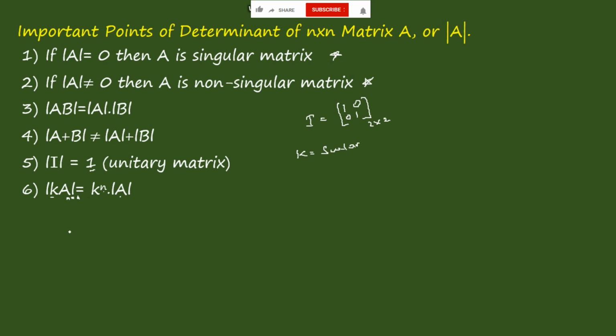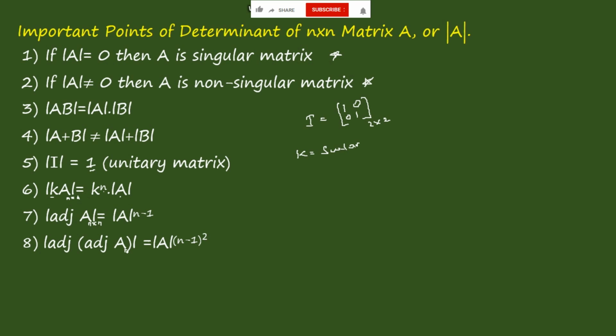Coming to the seventh one, determinant of adjoint of A is equal to determinant of A power n minus 1, where A is an n cross n matrix. Coming to the next one, determinant of adjoint of adjoint of A is equal to determinant of A to the power of n minus 1 whole square.